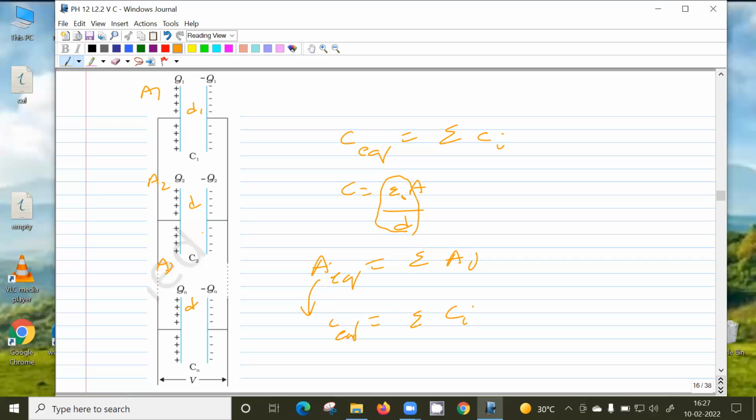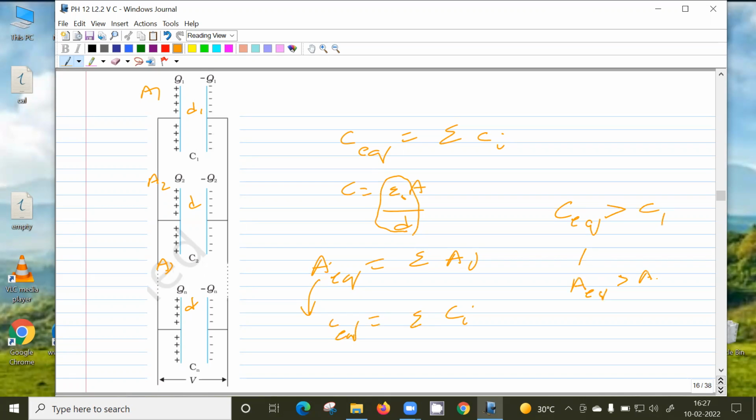When capacitors are connected in parallel, is C equivalent greater than the individual capacitance, or less? C equivalent and C1, which one is more? In parallel connection, C equivalent is more, because one way to understand this is that the area is more.